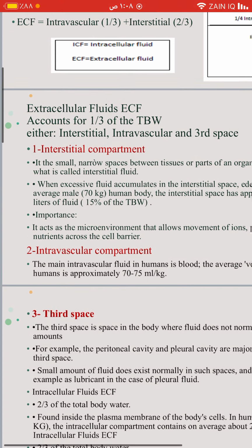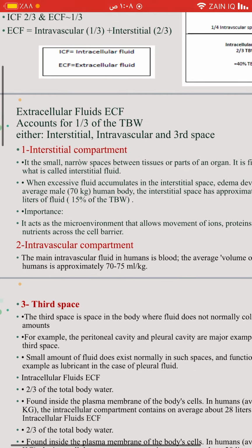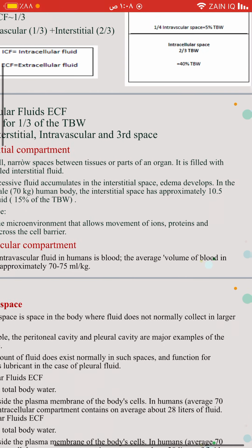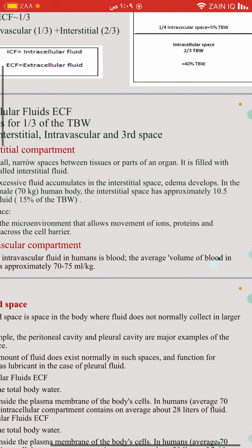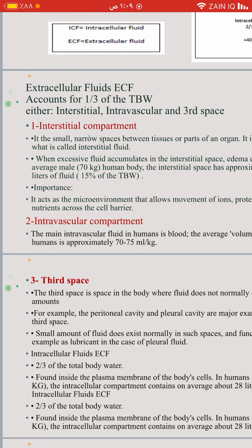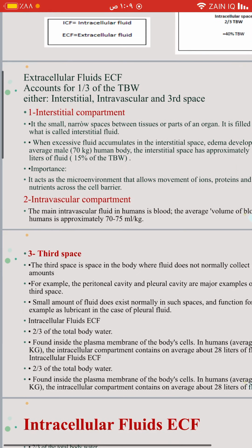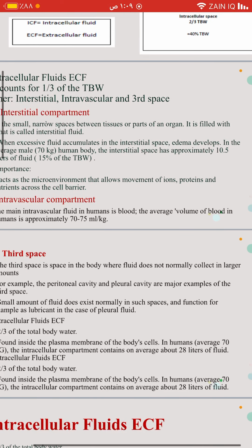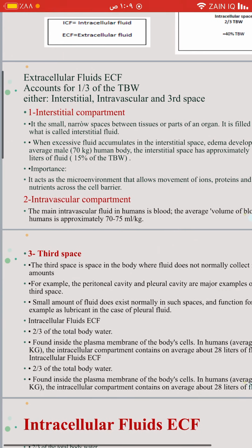Intravascular compartment. The main intravascular fluid in the human is blood. The average volume of blood in the human is approximately من 50 إلى 75%. Third space is a space in the body where fluid does not normally collect in a large amount.